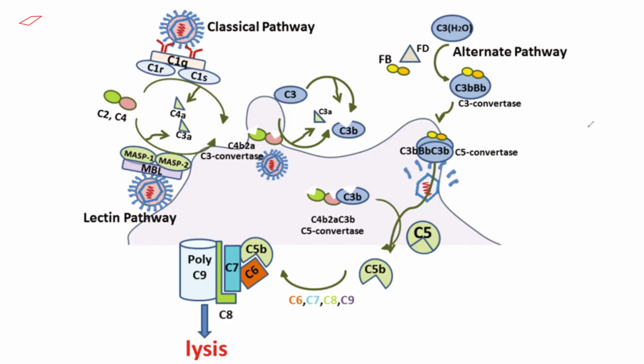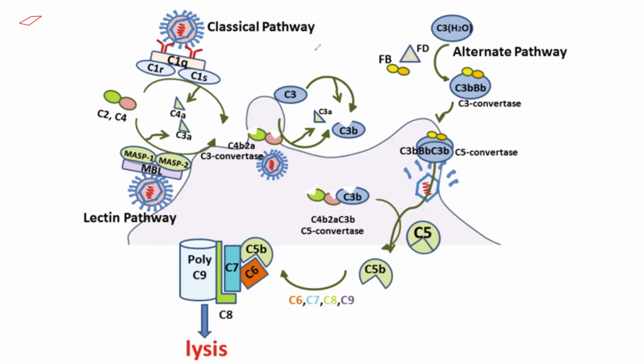But when the threat comes, when a pathogen, bacteria or viruses come, they become active. Then they help to defend our body, mark the target, and help the immune system to identify and eliminate the target.